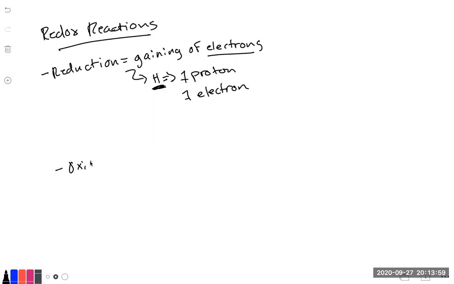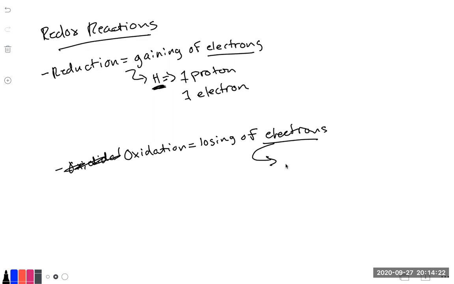Oxidation is the losing of electrons. And again, electrons will be hydrogens.